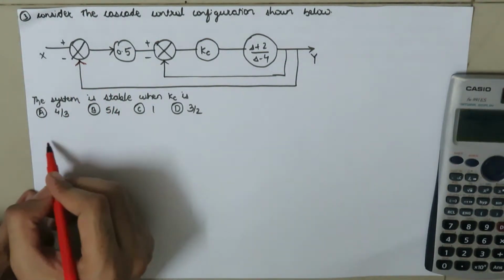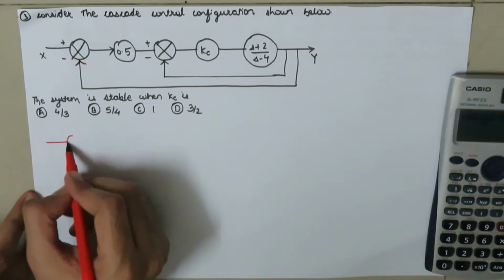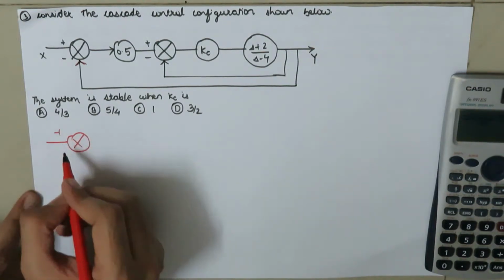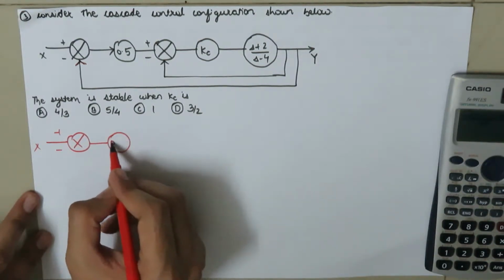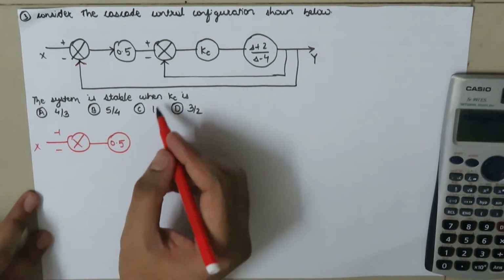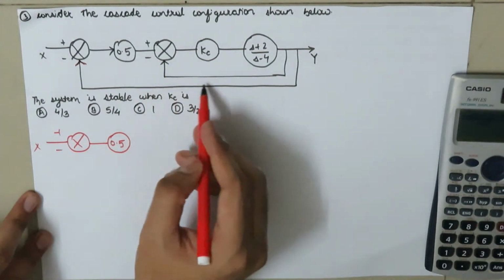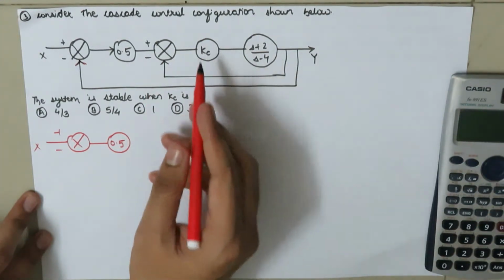So we are going to modify this diagram. So this will be something like this. We have S, we have another 0.5 transfer function, and this is the negative feedback system.